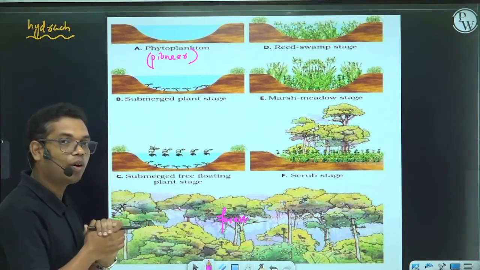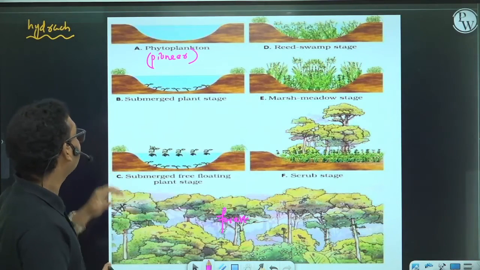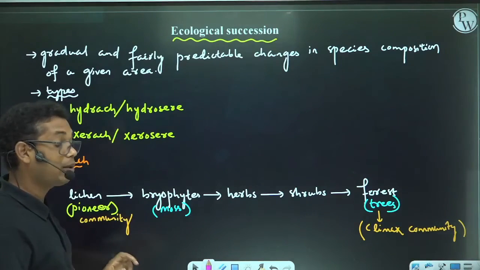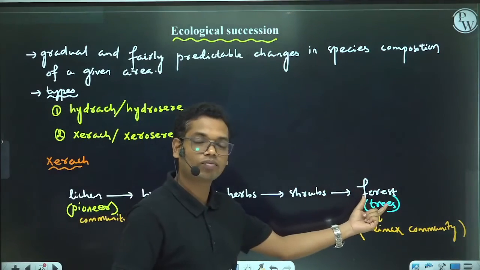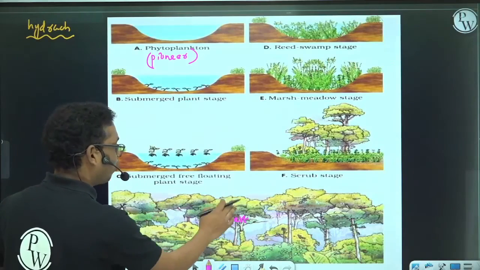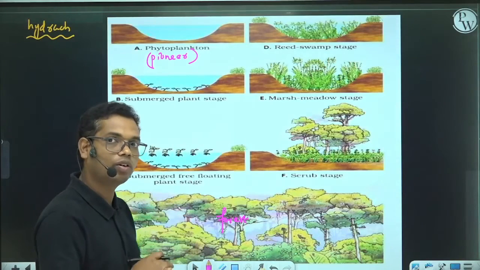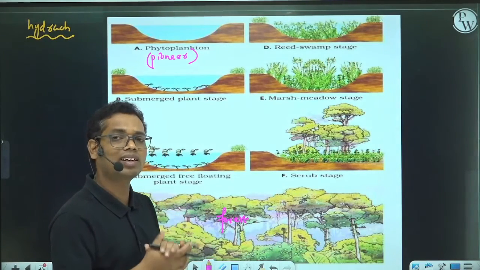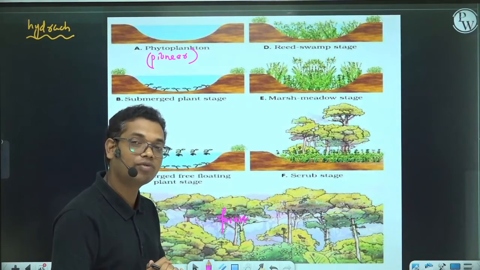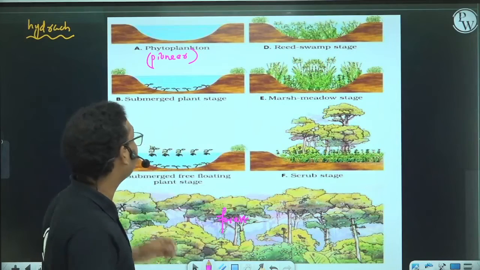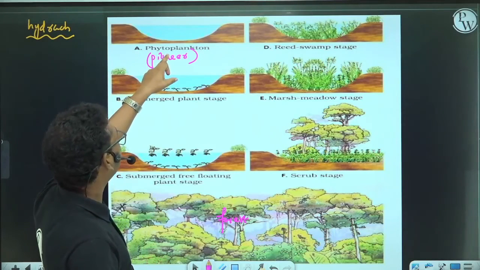You can clearly see that whether it is hydrarch or xerarch, the climax community is forest. That means in all types of ecological succession, the climax community is the same, that is forest. But the pioneer community is different. In hydrarch, the pioneer community is phytoplankton.